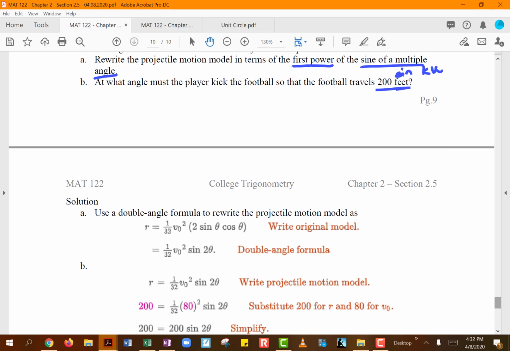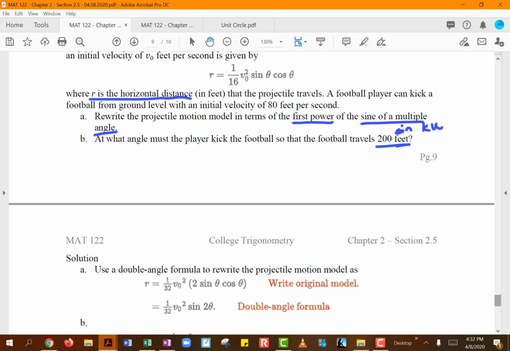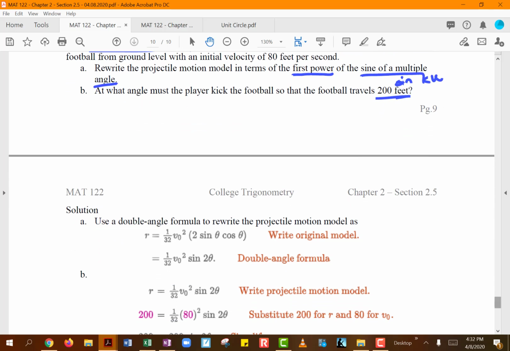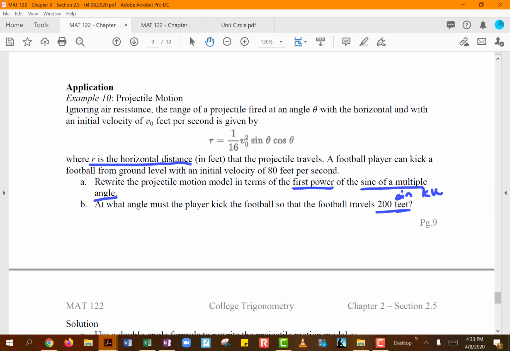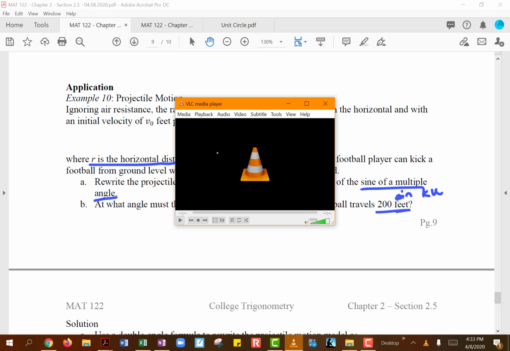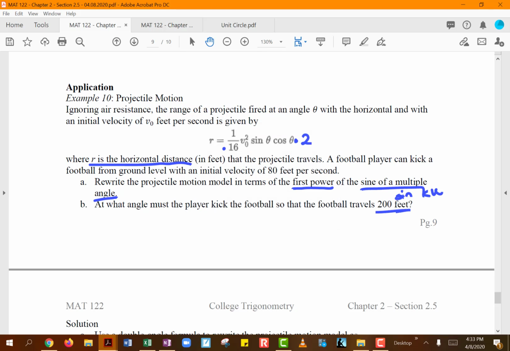So let's take a look at that first portion over here. They're asking us to rewrite this sine of theta, cosine of theta as just a multiple angle for the sine function. So they are actually using the double angle formula here, but what we don't have is that multiplied by 2 over here, right? So since we're multiplying by 2 on the numerator, you also multiply by 2 on the denominator to balance it out, right? So basically, if you think about it, they're multiplying this whole fraction or this model here by 2 times 2.